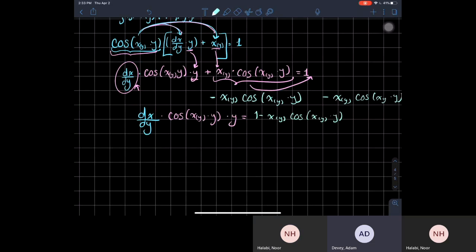For this part, switch the signs, okay? So now these are all multiplied together. This is multiplied by this is multiplied by that.